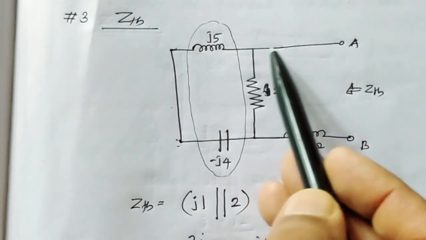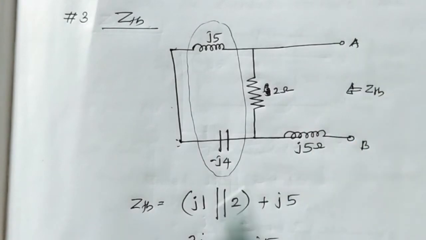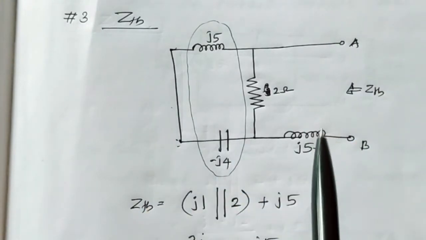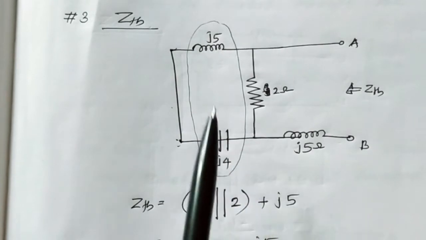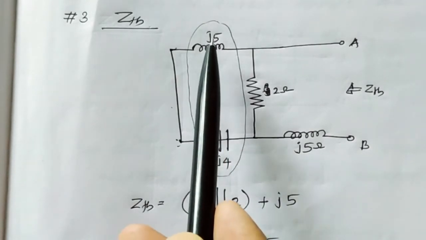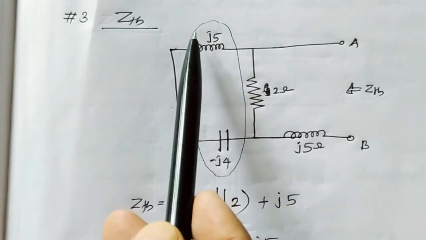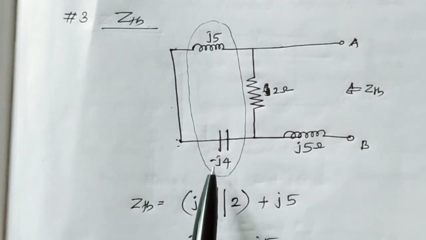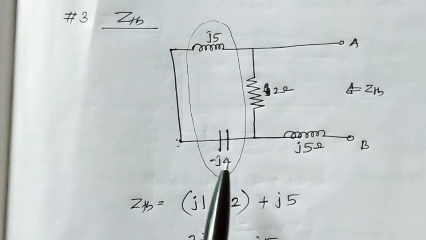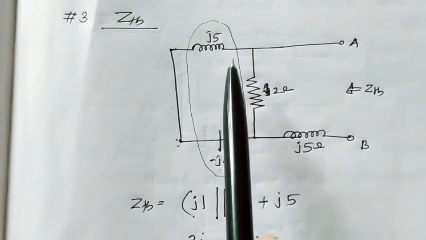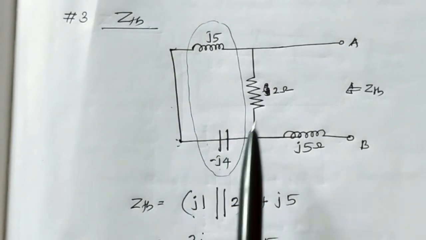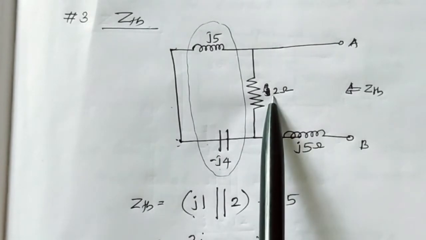Here we again short circuited the second voltage source. So the remaining equivalent circuit is like this. Here we can see that these two reactances are coming in series. So the net reactance is j5 minus j4, that is nothing but j1. So that net reactance j1 is in parallel with 2 ohm.